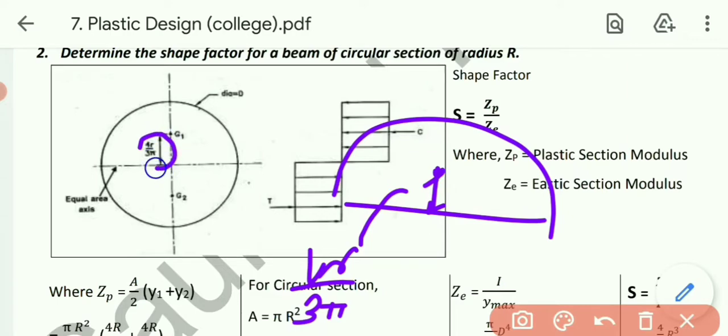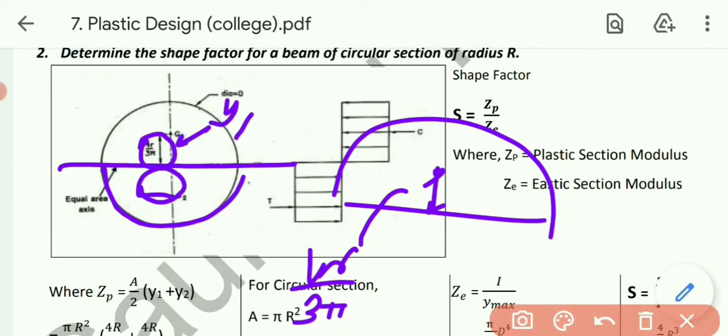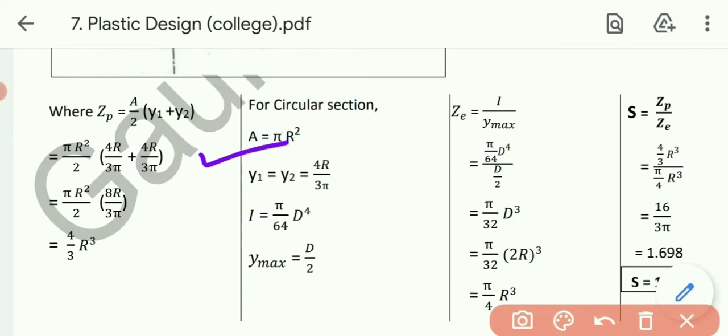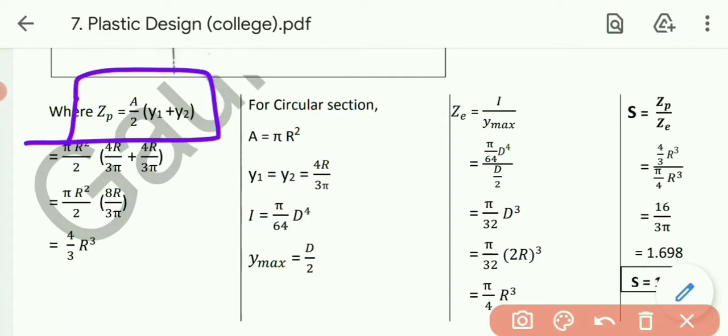So same criteria will be over here, above the neutral axis, and below the neutral axis obviously it will be again the same criteria, that is 4r by 3 pi. This one is our y1, while this one will be our y2. So we got all 4 unknowns: area pi r square, y1 and y2 both 4r by 3 pi, I pi by 64 d raised to 4, and y max, that is the radius, or d by 2. So now let's put the value of this one in Zp. Formula stands for a by 2 in the bracket y1 plus y2.